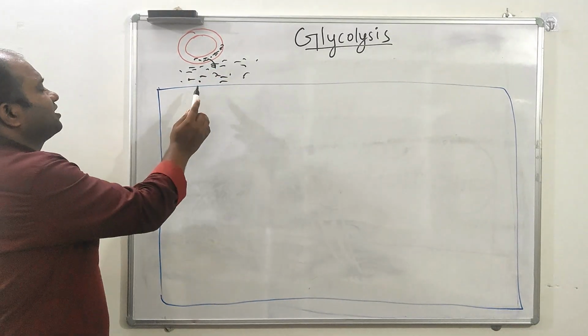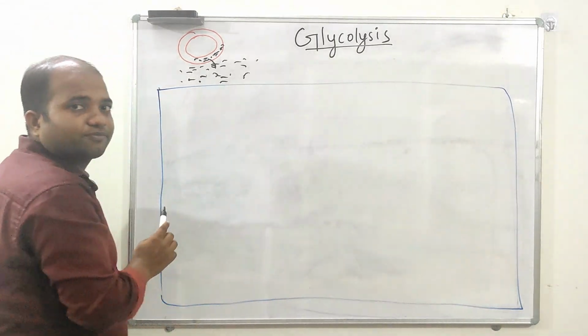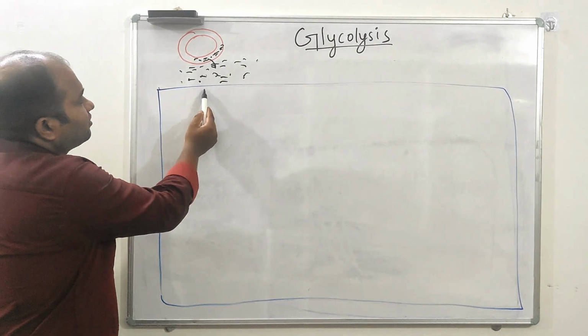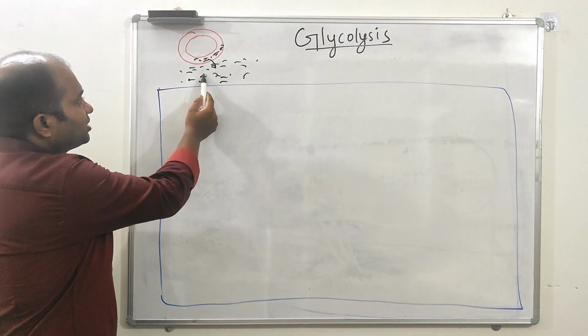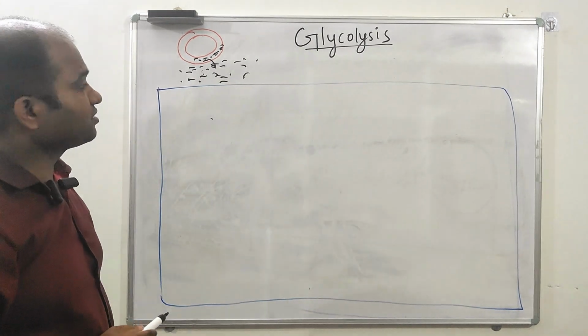We also have seen that with the help of a glucose transporter, glucose will move from interstitial space to inside the cell, the intracellular space, right?